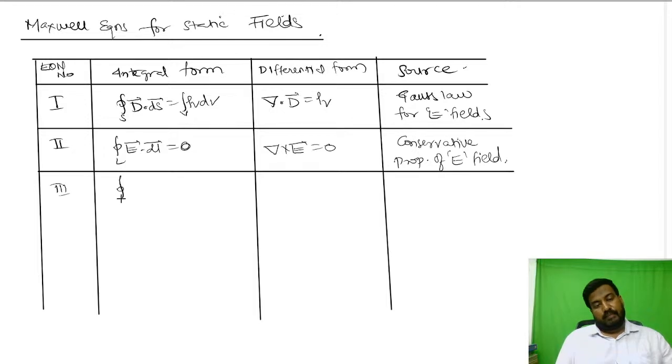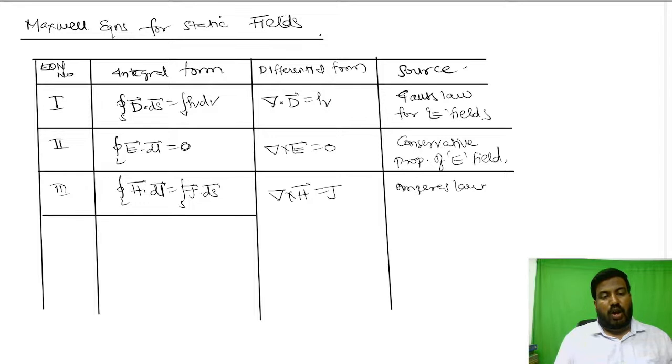Third one, closed loop integral H dot dl is equal to surface integral of J dot ds. This implies del cross H is equal to J. This is from Ampere's law.